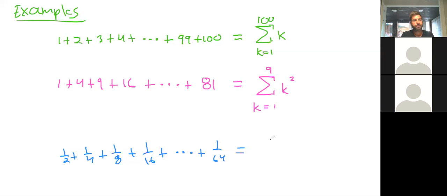What is this guy? Well, one way to shorten this is to say this is 1/2 raised to the power k, k goes from 1 to 6. So you might want to play around with these examples. Make sure you're comfortable with them.